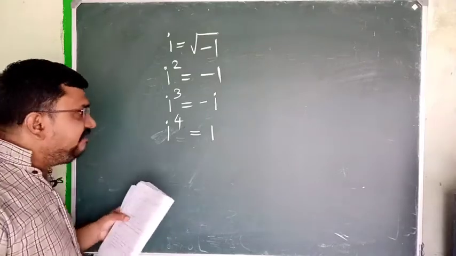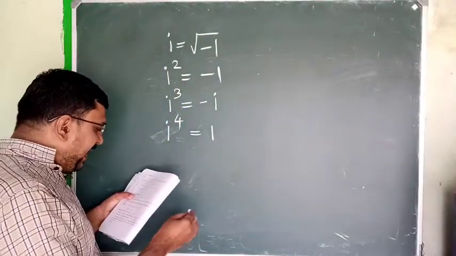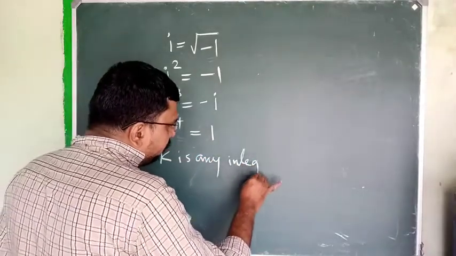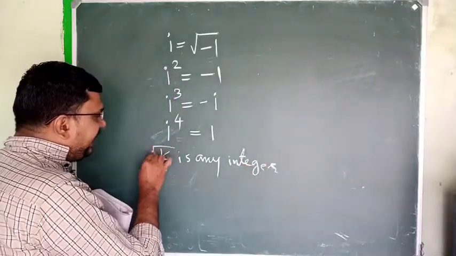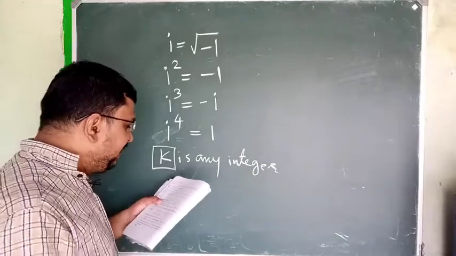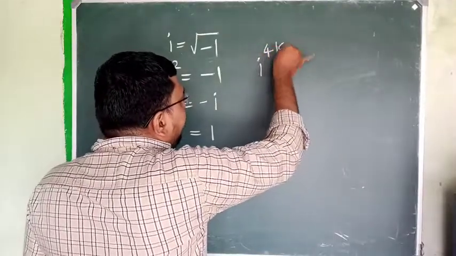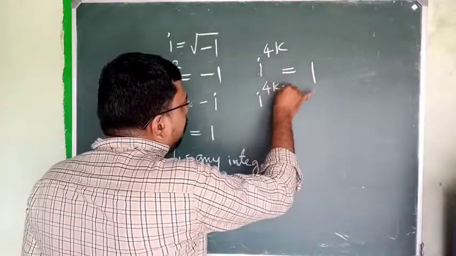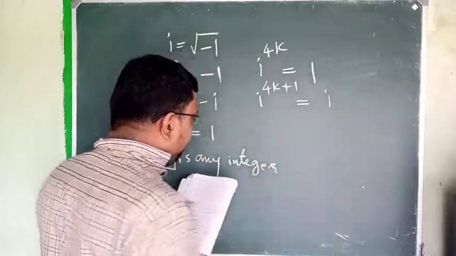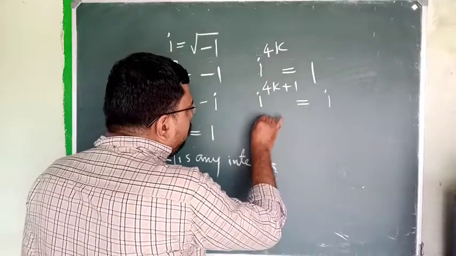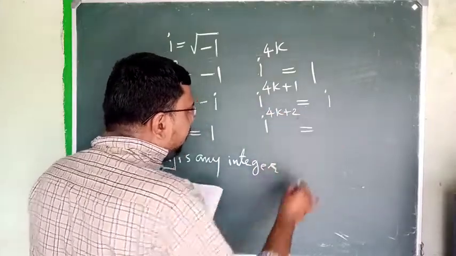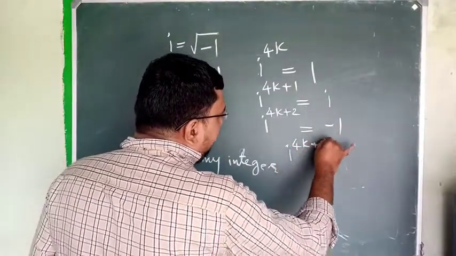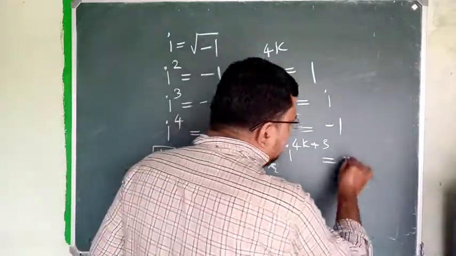Therefore, in general, we can write, if k is any integer, then i raised to 4k equal to 1, i raised to 4k plus 1 equal to i, i raised to 4k plus 2 equal to minus 1, and i raised to 4k plus 3 equal to minus i.